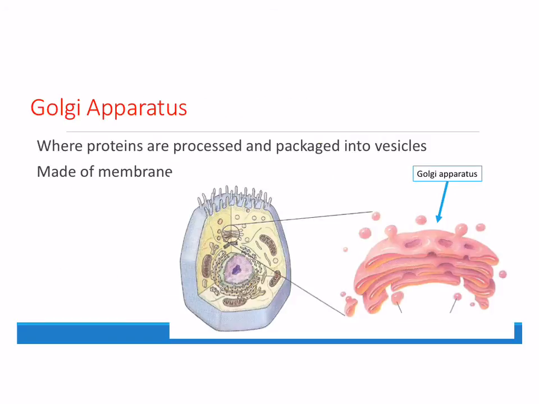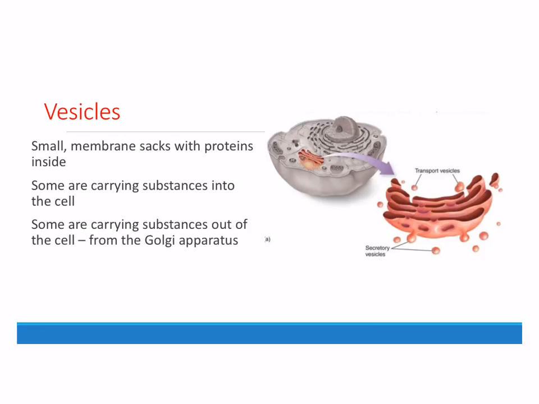Another membrane structure is called the Golgi apparatus, or sometimes called the Golgi body. This is where there is further processing of the proteins. They're packaged into these little circles called vesicles. And of course, it's made of folded membrane. So proteins are processed within there, and then they're packaged into these little vesicles. So let's talk about the vesicles.